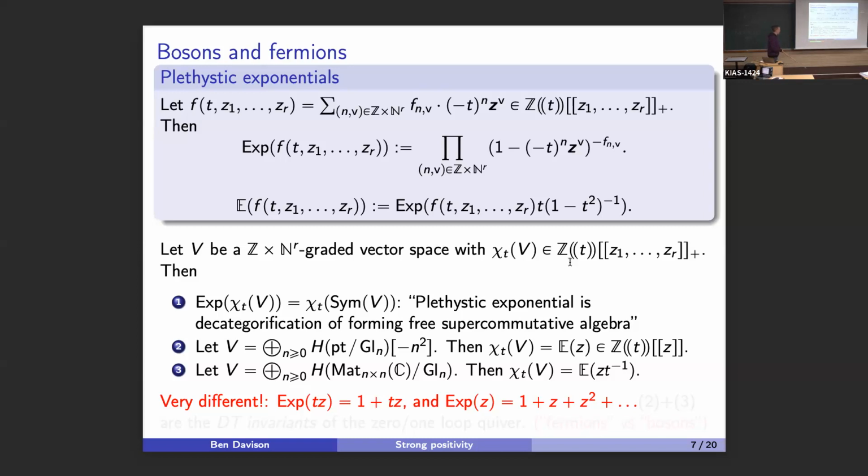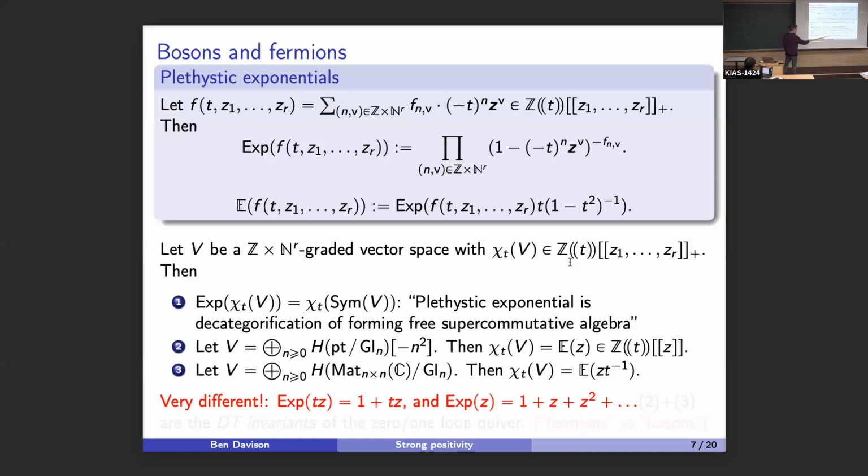Okay, so despite the fact that the answers kind of look the same, except for this factor of T that appears, really they're very different. It's bound up partly in this sign here. The basic idea is that T is keeping track of cohomological degree, and if I take the free supercommutative algebra generated by something in odd cohomological degree, that's an exterior algebra.